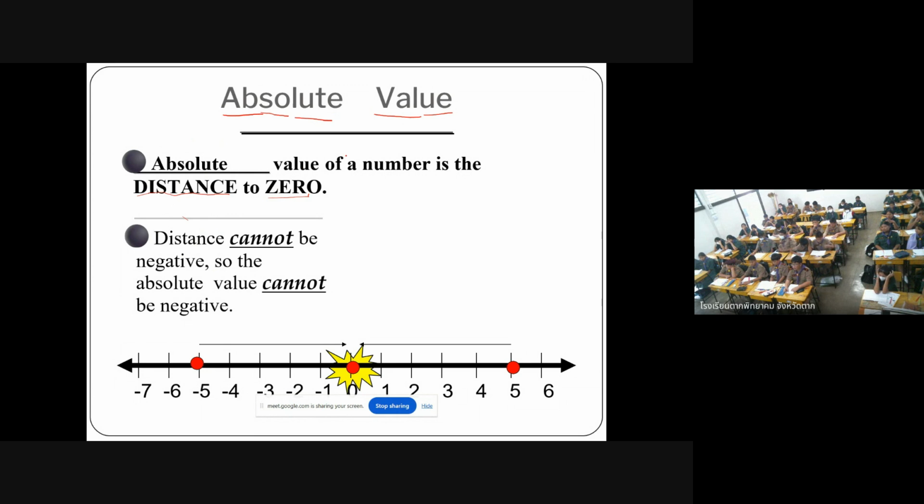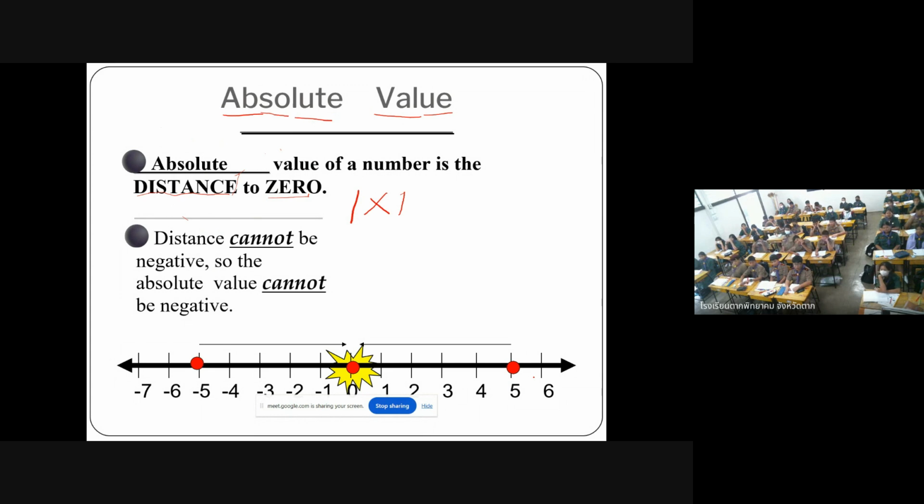So, let's say we have this number. How do you read this number? Okay, let's have this one.